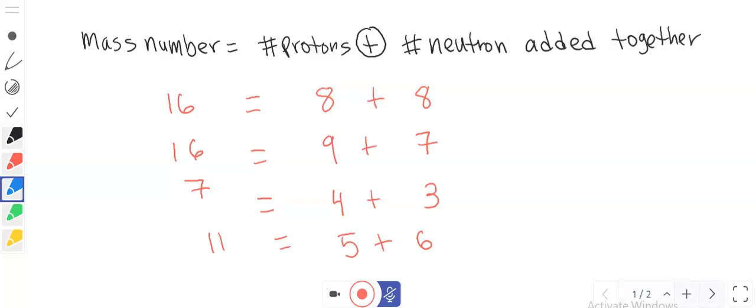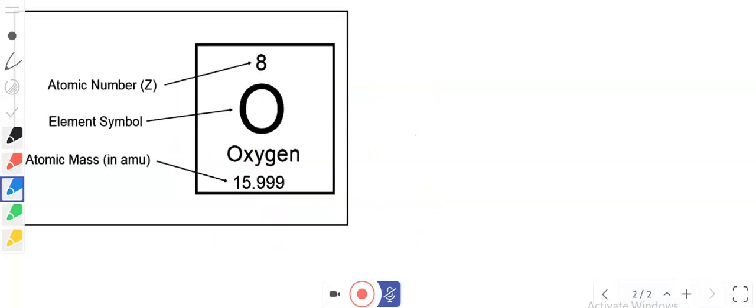Now to find the number of neutrons, here's an example of oxygen. So the atomic number of oxygen is 8. And the atomic mass is 15.999. Okay? So, for our purposes today, I'm going to round that up to 16. So, the atomic mass will be 16, and the atomic number is 8.